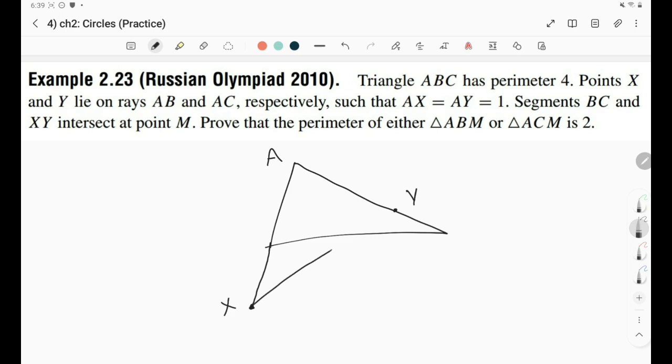And then we're just intersecting this thing here. This is M, and we need to work for this. Either this triangle ABM or this triangle ACM is going to have perimeter 2.